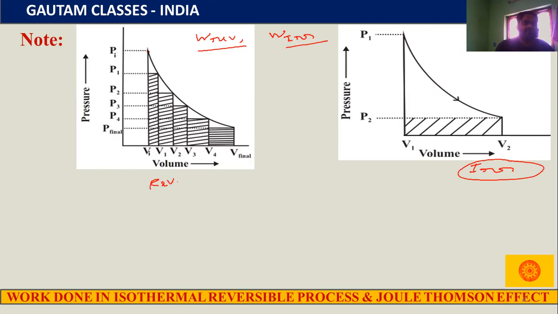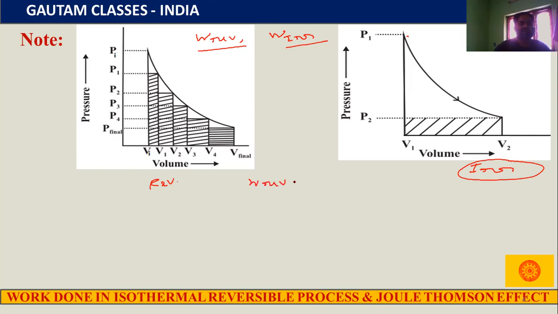So that reversible process is completing through several sub-steps. So definitely here the system is going to do more work, but here the system is completing in only one step. Initial is this one, final is this one. So always keep in mind, reversible work done is greater than the irreversible work done.